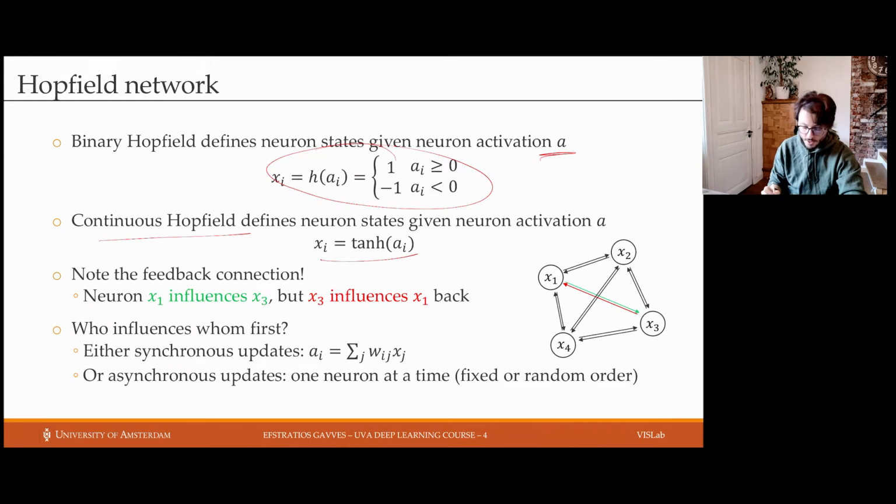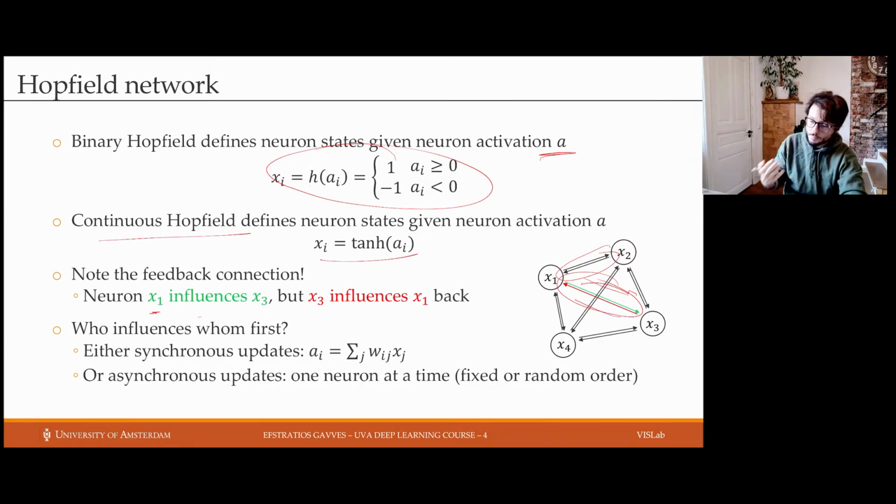There is a feedback connection, and this is a very important detail to note. Between every two nodes, between every two variables, the information goes both ways. So the x1 neuron influences x3, this green arrow, and in reverse, the x3 neuron influences x1.